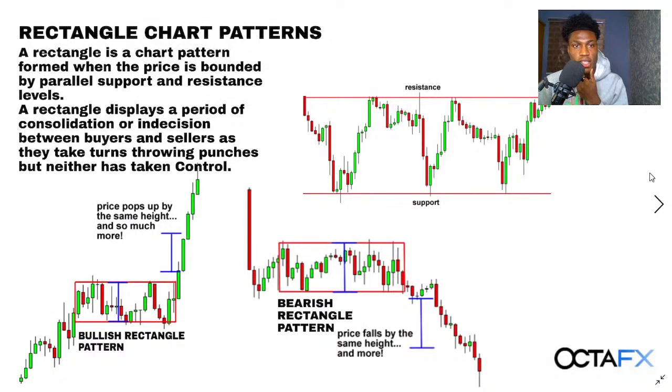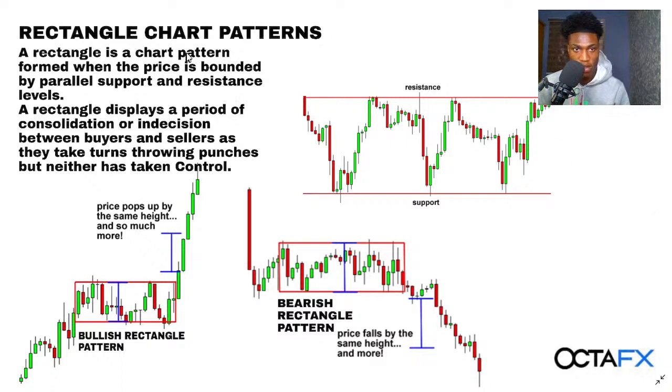We're going to be looking at the rectangle chart pattern, which is also a continuation chart pattern. Now the rectangle chart pattern is formed when price is bounded by a parallel support and resistance level. A rectangle displays a period of consolidation or indecision between buyers and sellers as they take turns throwing punches, but neither has taken control.